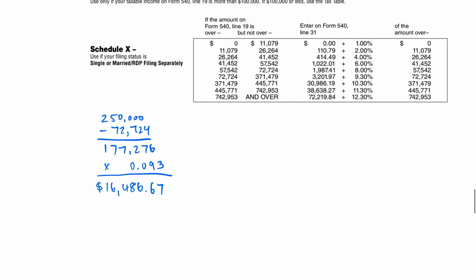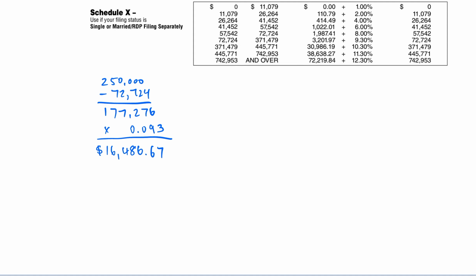Now we're going to add the $3,201.97, and that gives us a total of $19,688.64. So that is Miguel's tax liability.